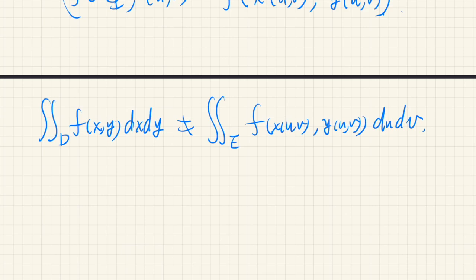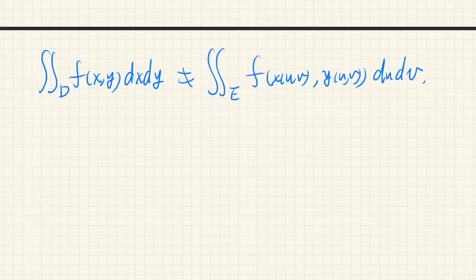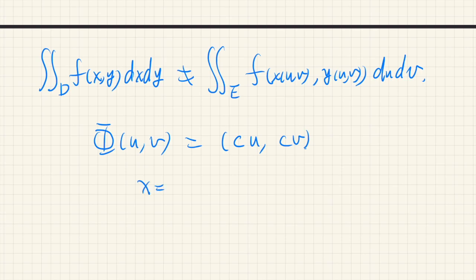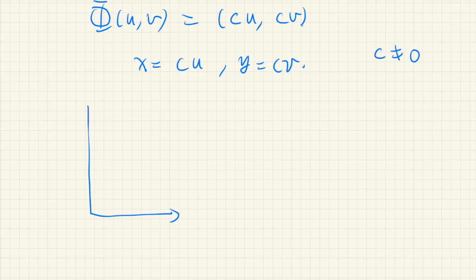To see why this is wrong, let's consider the simplest transformation between uv and xy. For example, phi of (u, v) is equal to (cu, cv). So x is equal to cu and y is equal to cv. This is a simple linear transformation, and c is a non-zero constant.